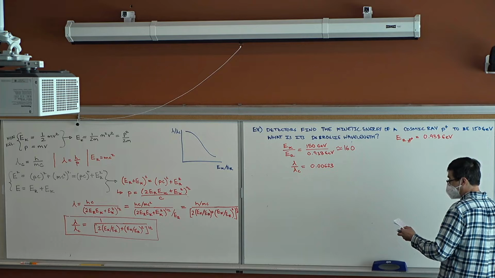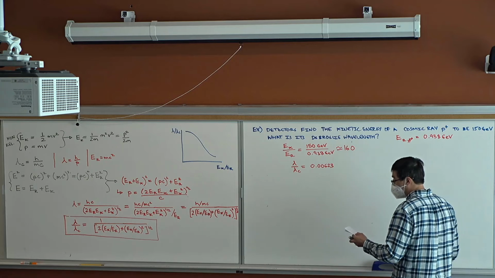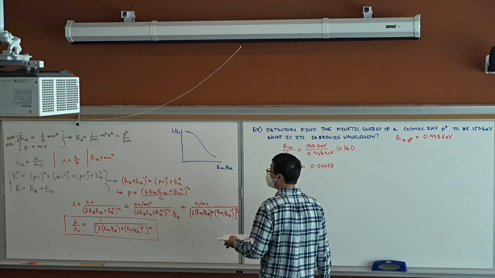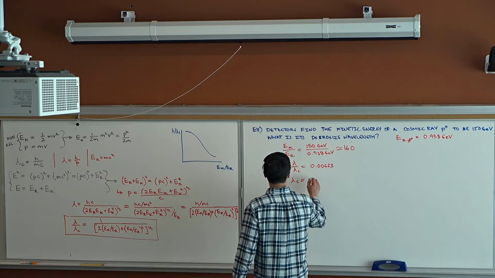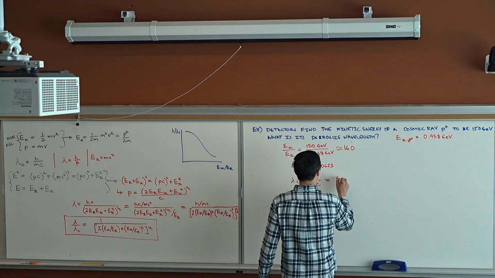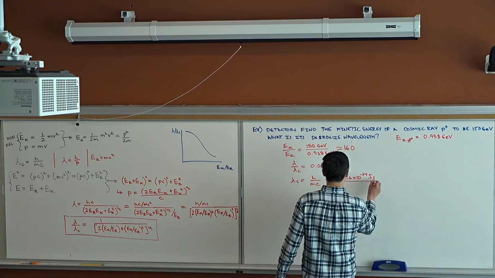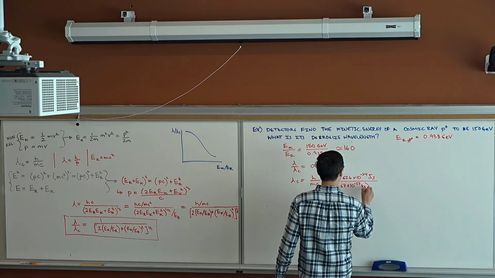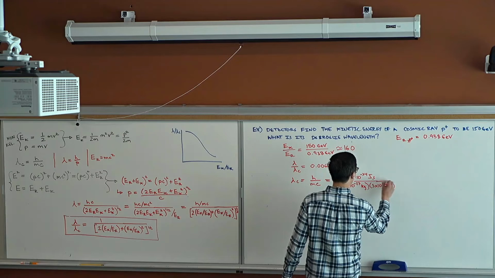And I will template this even though most of this is clearly not working for me. We can remind ourselves that lambda c is h over mc. So 6.626 times 10 to the minus 34 joule seconds over 1.67 times 10 to the minus 27 kilograms times 3 times 10 to the 8 meters per second.